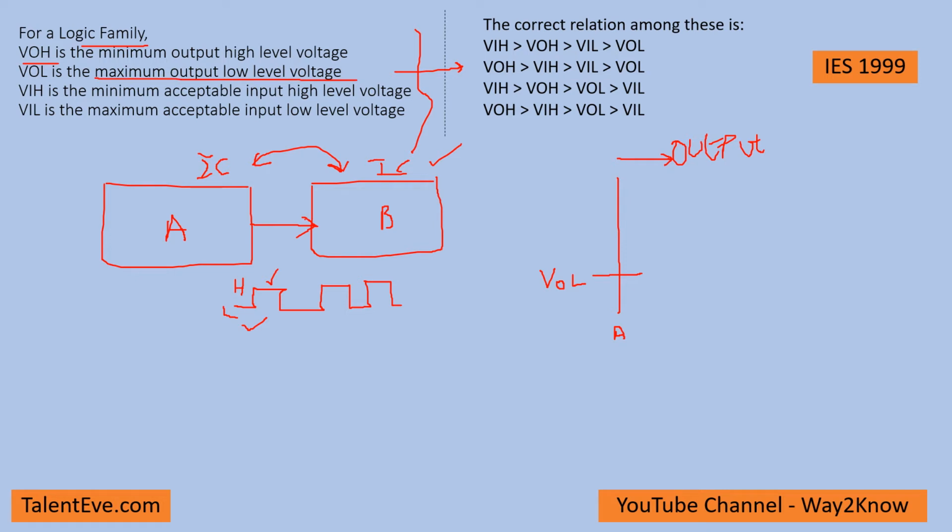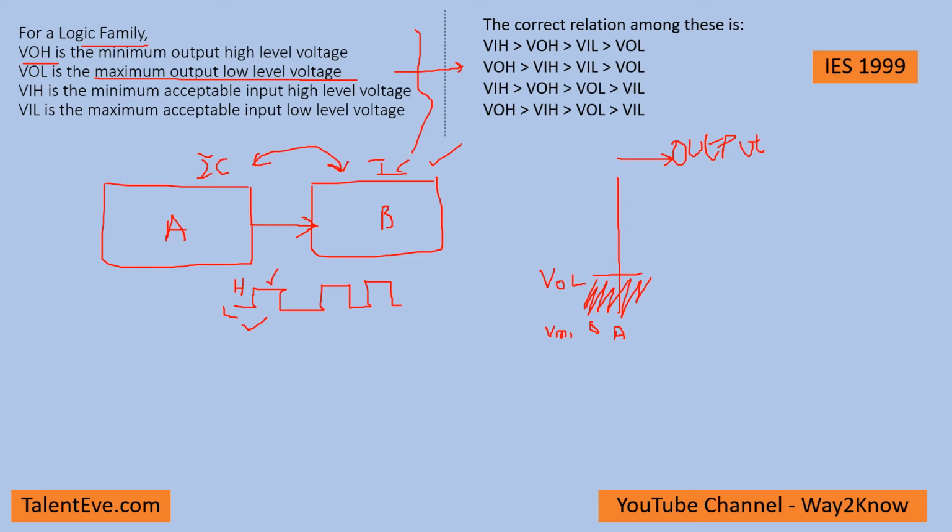That means whatever the voltage below VOL is treated as 0 by A. That means if it wants to transmit a low level voltage, it can transmit starting from 0 to the value of VOL. Now that 0 can also be treated as V minimum.